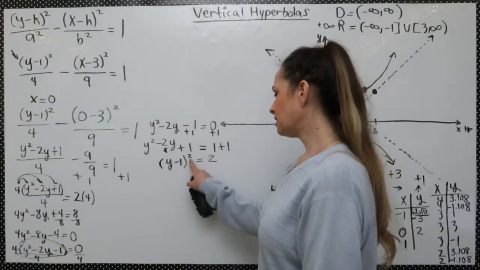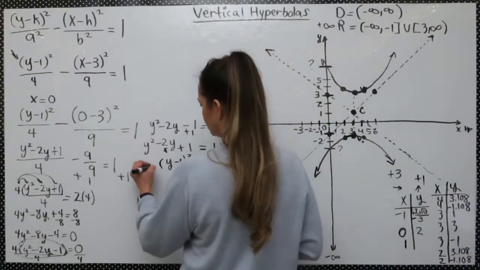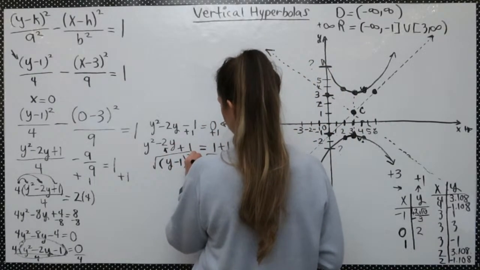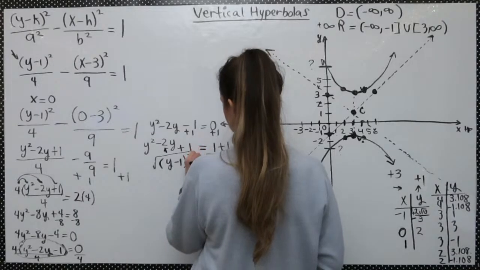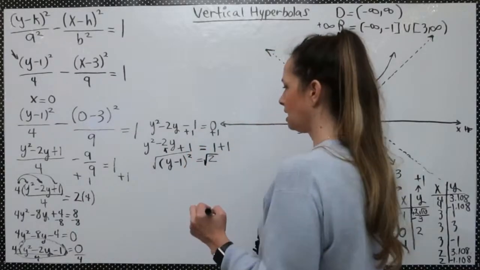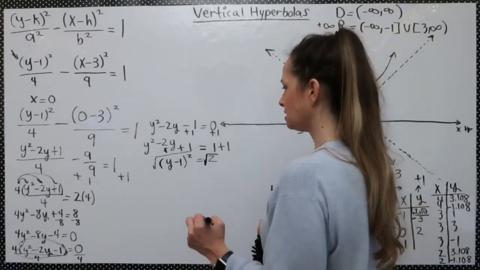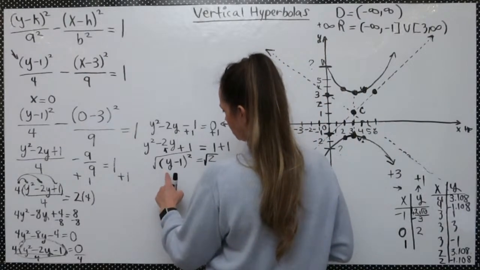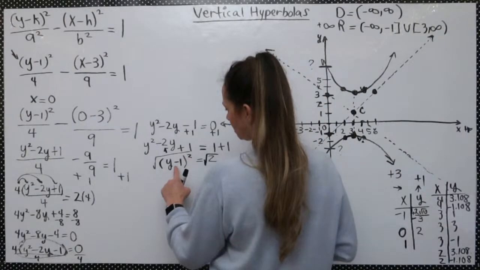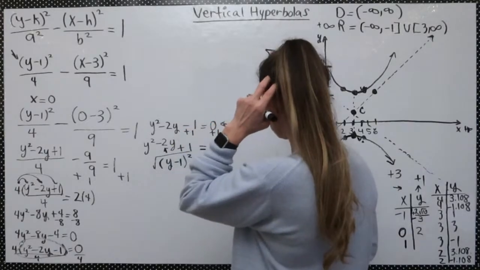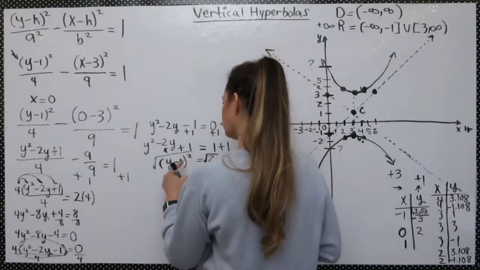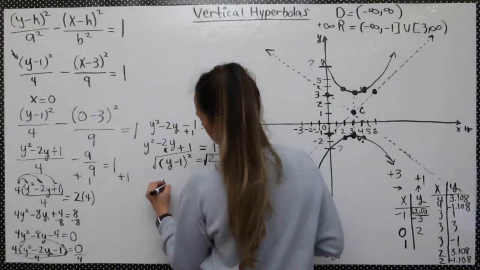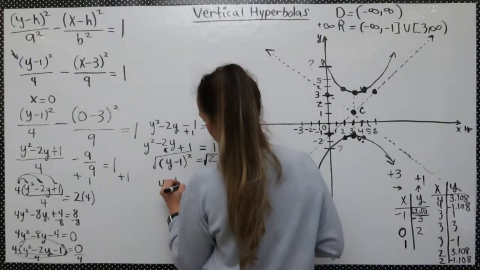To remove that square, I'm going to perform an inverse operation, and I'm going to do that same inverse operation to both sides. That's going to give me what's on the inside of this. The square goes away and the radical goes away, and you're left with y minus 1.